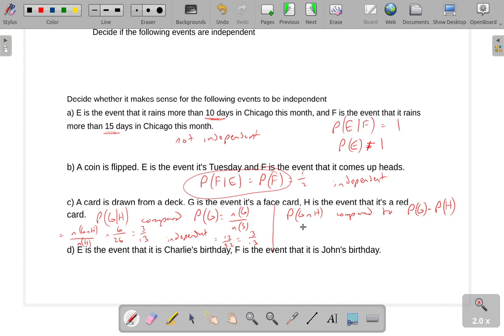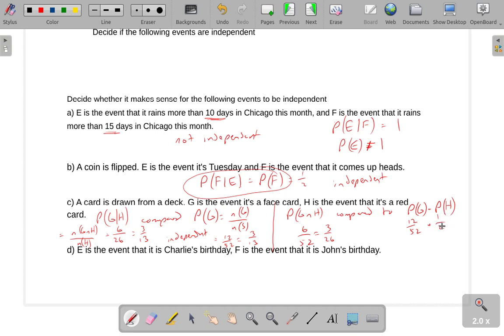There are 6 out of the 52 cards in the deck that are red face cards. I could reduce this down to 3 out of 26. The probability of a face card is 12 out of 52, and the probability of getting a red card is 1 out of 2.